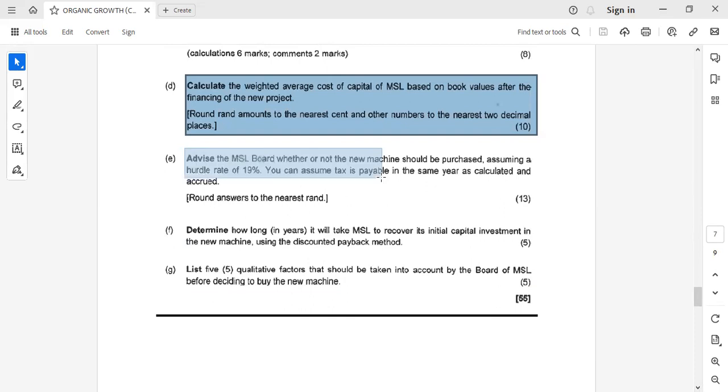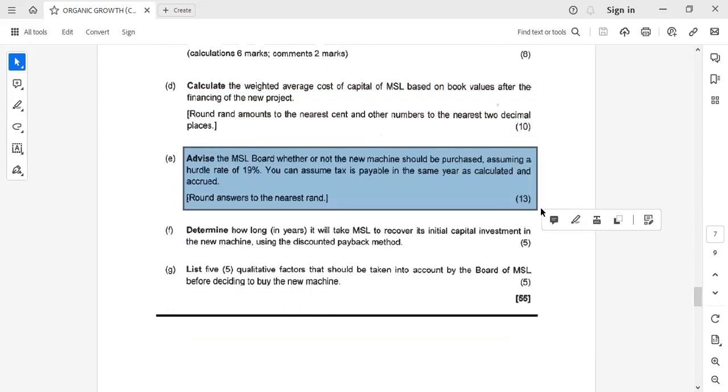In most exams, if they ask you the WACC first, and they don't give you a discount rate, you know that you are supposed to use your WACC. But if they specifically tell you, like in this particular question, that we should use a rate that is given of 19%, then use that 19%. So in this case, we're going to use the 19%.